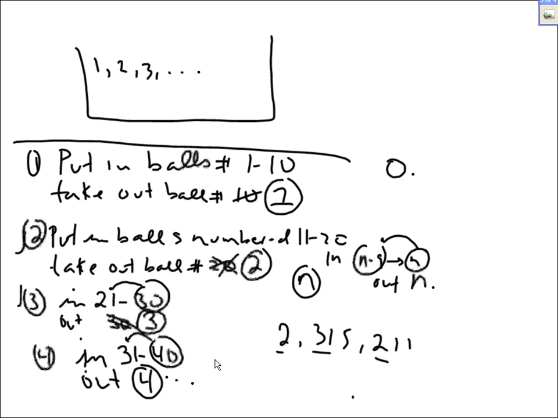Okay. Now, same problem. Put in 1 through 10, then put in 11 through 20, and put in 21 through 30, etc. And yes, each time we put in those 10 balls, we take one out.